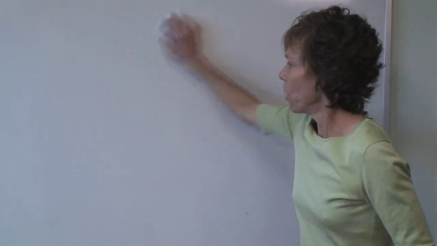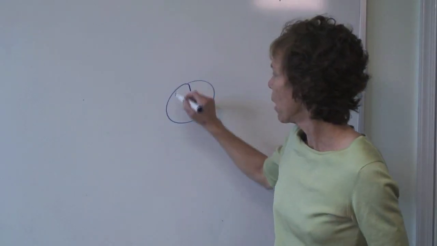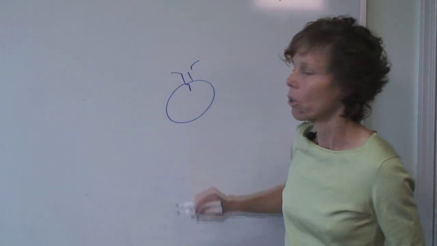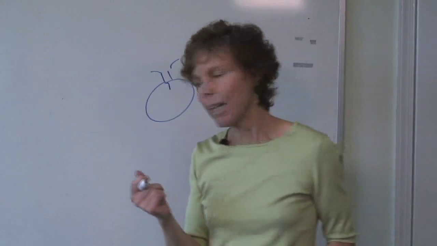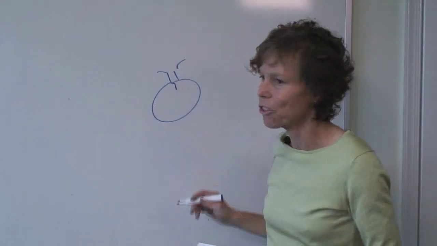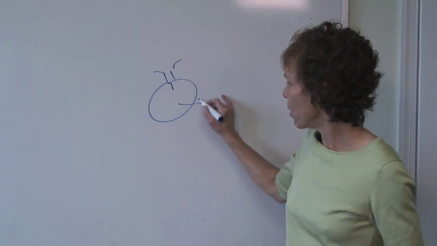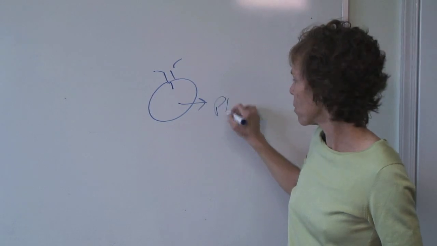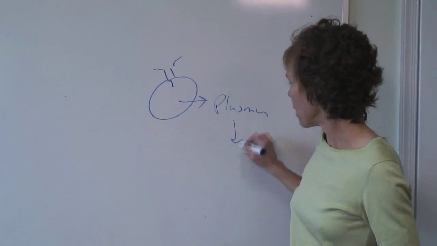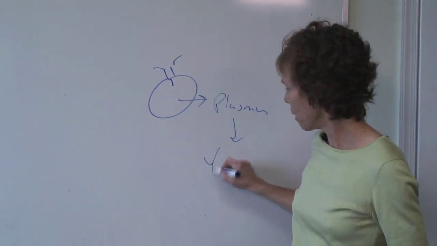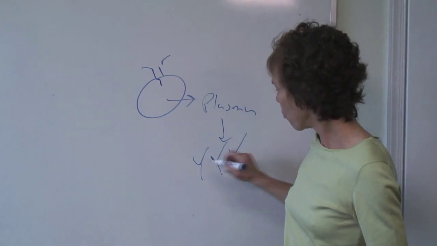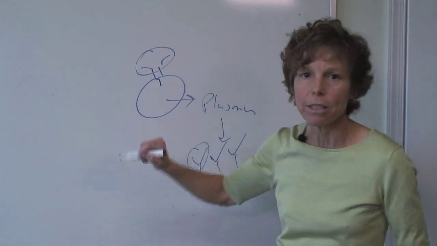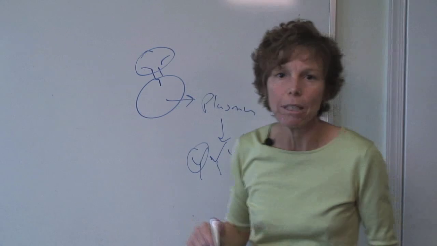Now, the other aspect of a B cell is that you've got your basic B cell, and it has a B cell receptor. Eventually you get plasma cells, and plasma cells are going to secrete antibodies. These antibodies are essentially the same as this B cell receptor.